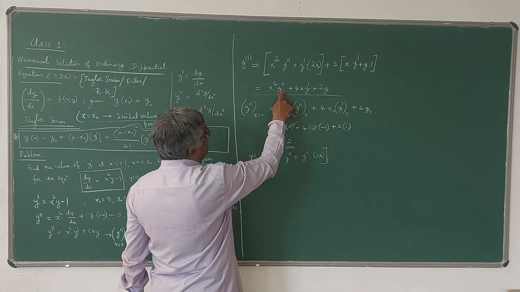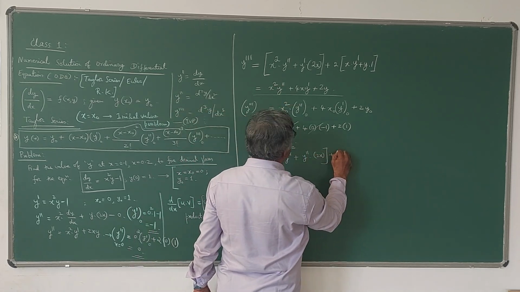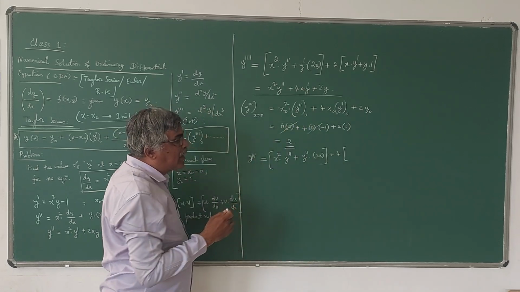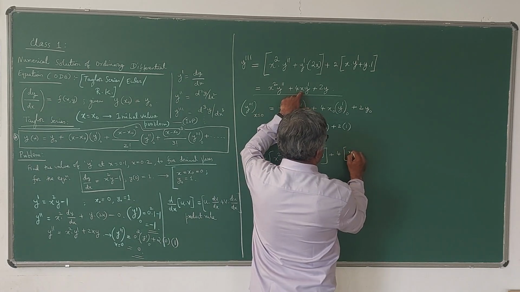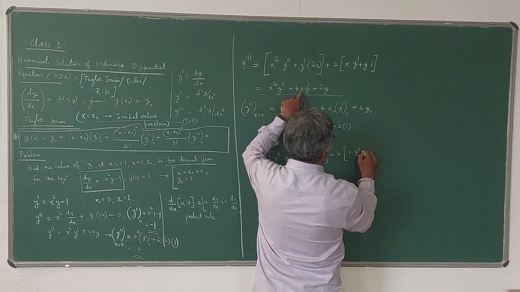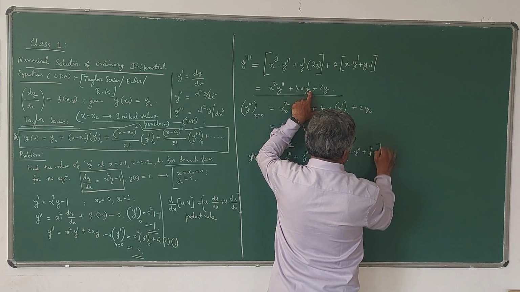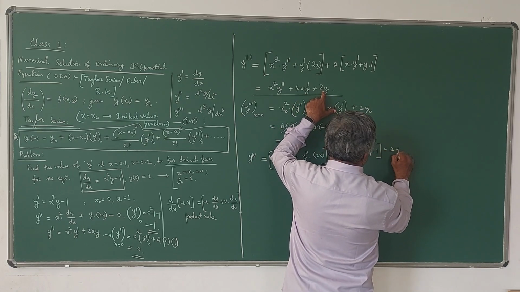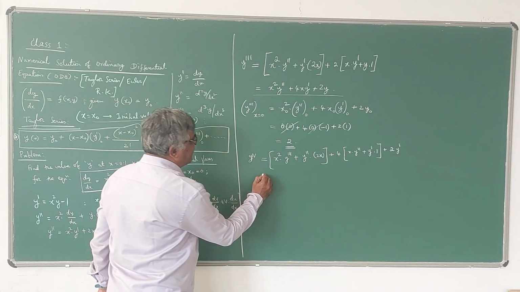So this is the derivative of x square y double dash, plus 4 is a constant. Now I have to write the derivative of x into y dash. First function is x, derivative of y dash is y double dash, plus second function is y dash, derivative of x is 1, plus 2 is a constant, derivative of y is y dash. See, this is how we have to do. Now let us rearrange the terms.